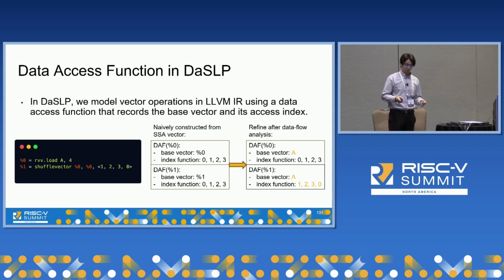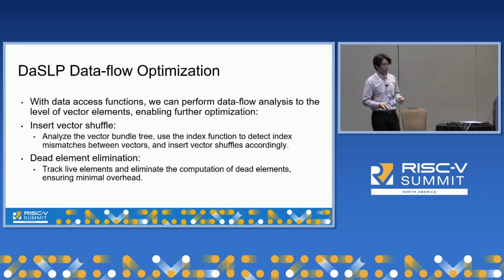But after the data flow analysis, for the %1 vector, we now know that it's actually the base vector A just with a different arrangement of the index function. With this information, we can perform more data flow-based optimizations, like the previously mentioned insertion of vector shuffles. We can first analyze the bundle tree and then use the index function to detect every mismatch between vectors and insert the correct vector shuffle accordingly.